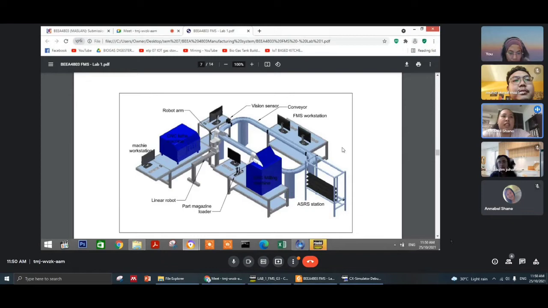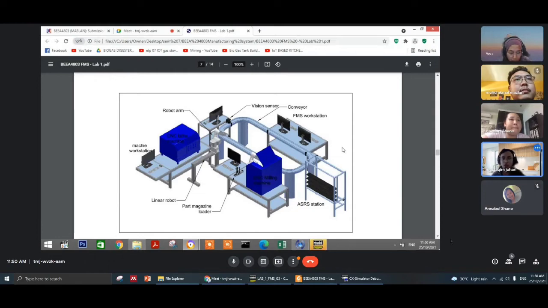Next is the CNC lathe machine. The CNC lathe machine will have a turning process, which is from an aluminum rod. The CNC lathe machine will make a turning and produce the shape that we want.